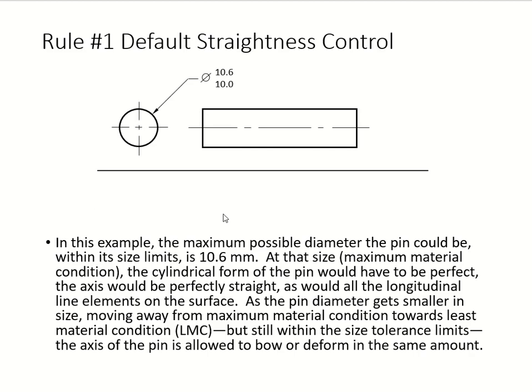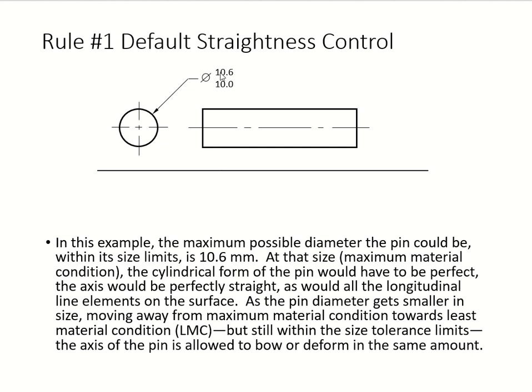So rule number one, your default is the straightness control. Here you can see two views. As soon as you see this, you know that you're dealing with limits. When you look at the limit, we have upper max, which is 10.6, and then lower min is your 10.0.